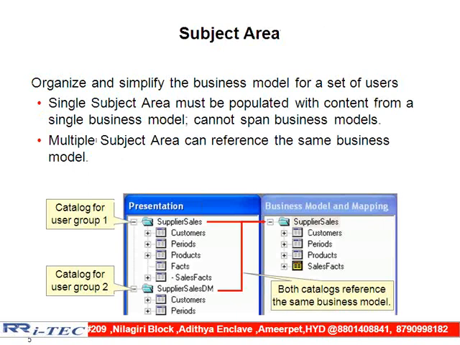Right. Next point. What do you mean by subject area? We are organizing and simplifying the business models for a set of users. I mean to say, district managers' corresponding things will be there, and suppliers' corresponding things will be there. A single subject area must be populated with content from a single business model; it cannot span business models.